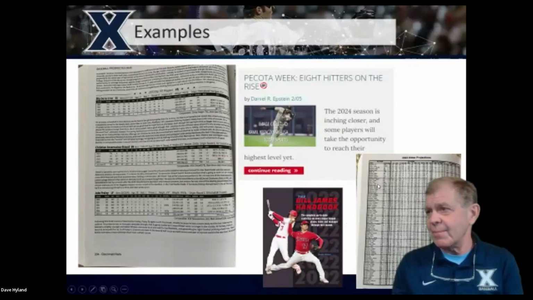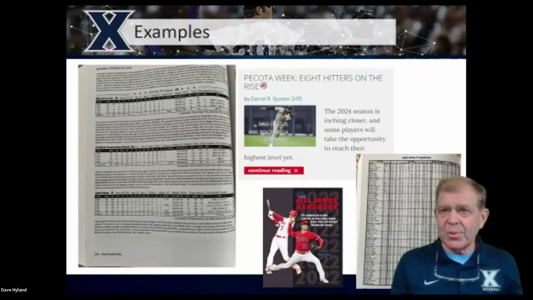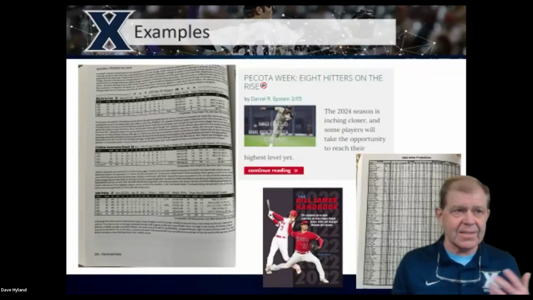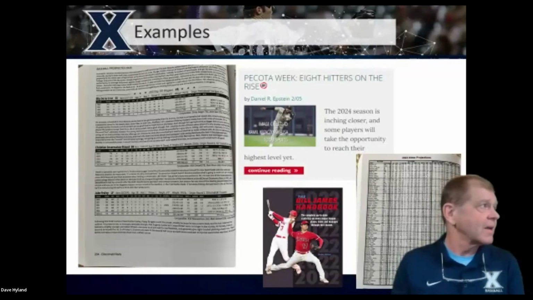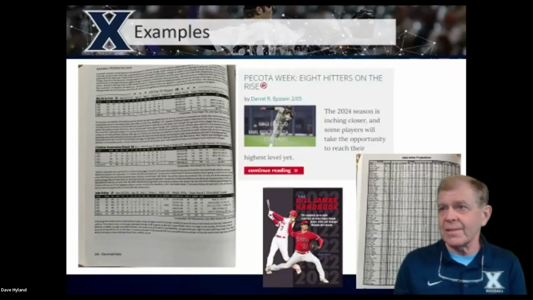In the Bill James Handbook, they provide projections. And if we think about projecting for every guy in the MLB, all these different stats, obviously there's going to need to be some computer work done. We're going to talk about some of the ways you might go about constructing some of these estimates in forecasting models.